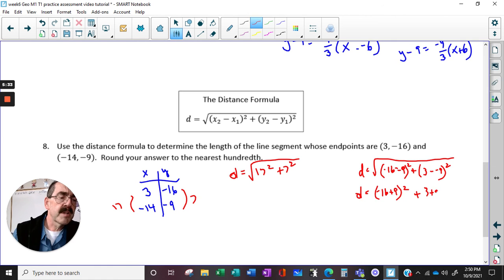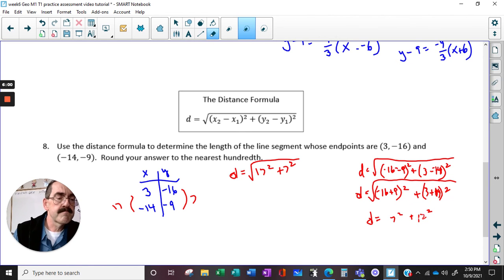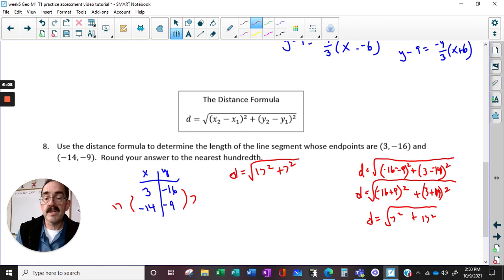Minus a minus is a plus. d equals 7 squared plus 12 squared. Minus 14, 14 minus a minus 14. That's 17. 17 squared. There we go. Okay, so we got the same answer twice.